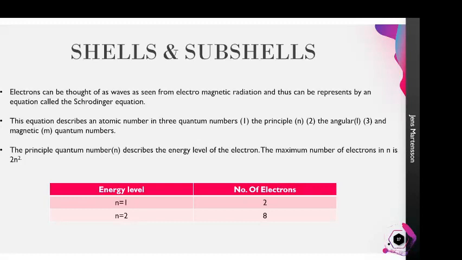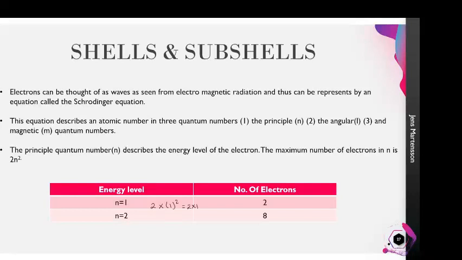The maximum number of electrons in n is equal to 2n squared. So we have our energy level, which is equal to 1 here. The maximum number of electrons that we could have is 2 multiplied by 1 squared, which equals 2 times 1, which equals 2.